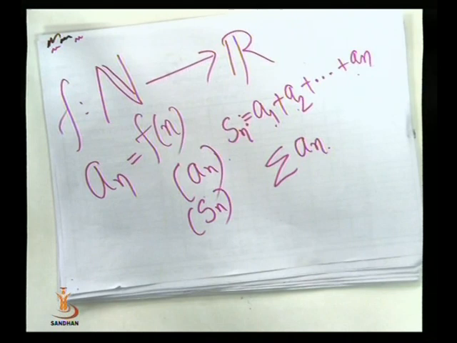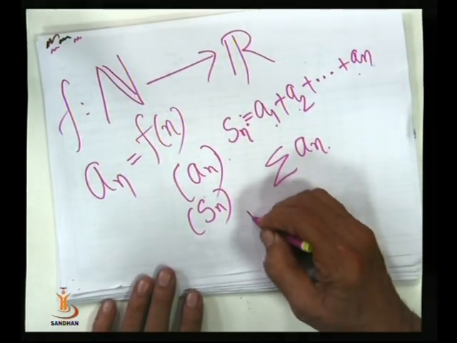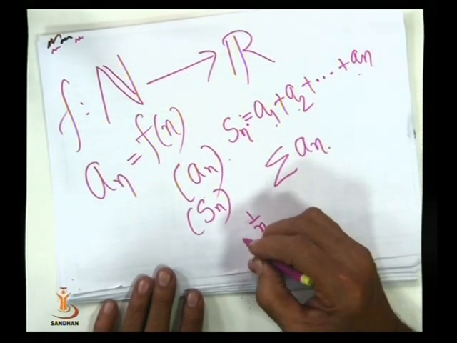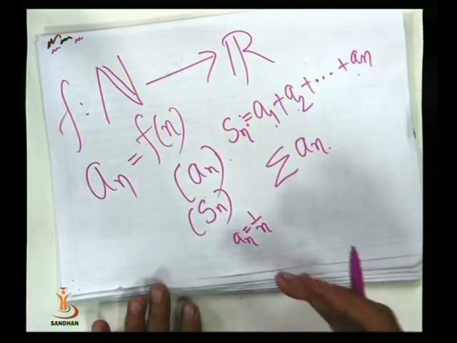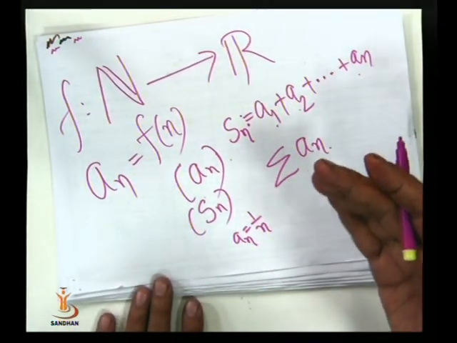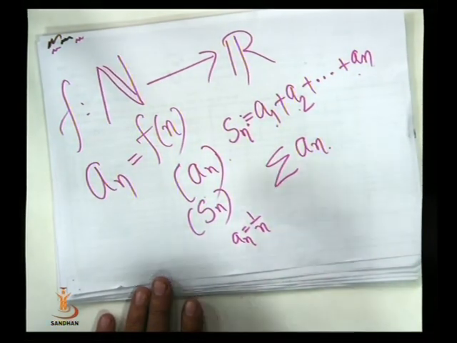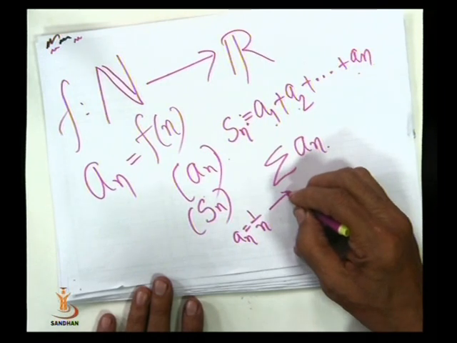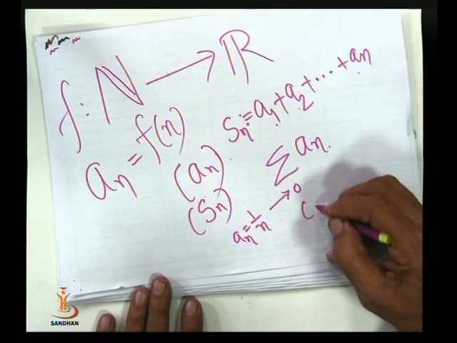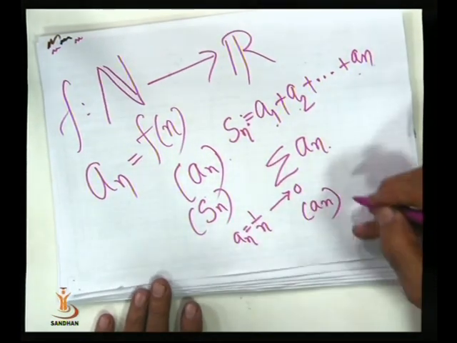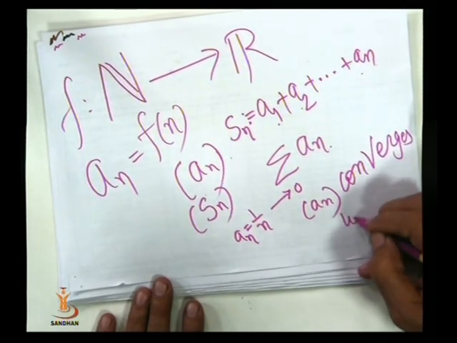Now the series and sequence may converge, may not converge. As for example, if I take a_n equal to 1 upon n, then as n increases, 1 upon n decreases. So as n tends to infinity, this tends to 0, and so we say that the sequence a_n converges to 0.